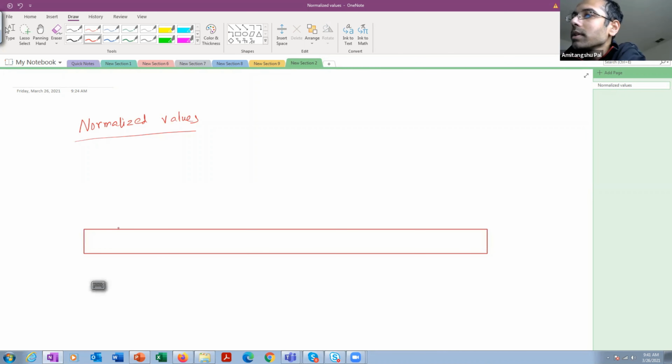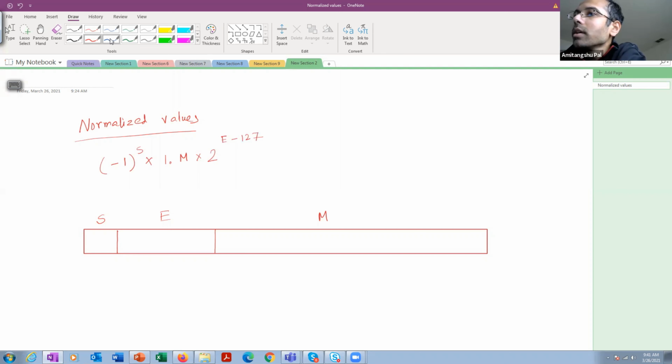The first section becomes the sign bit, the next 8 bits represent the exponent, and the next 23 bits represent the mantissa. And after doing this, if you want to convert it to the corresponding decimal number, you need to compute minus 1 to the power s into 1.m into 2 to the power e minus 127.